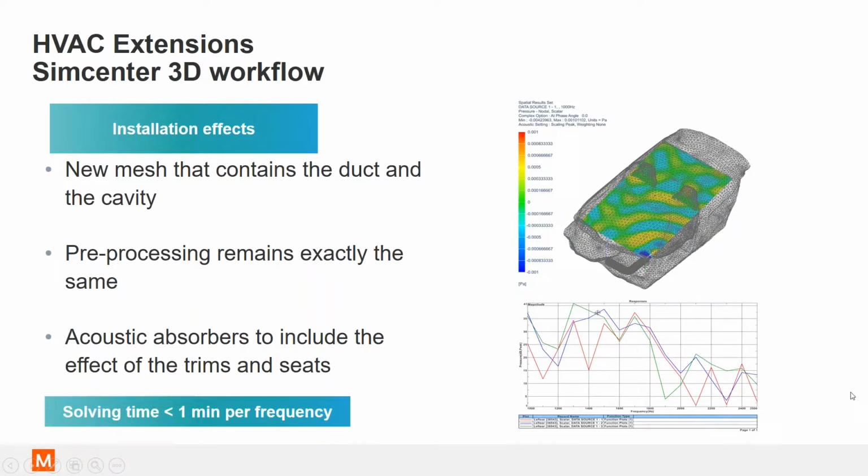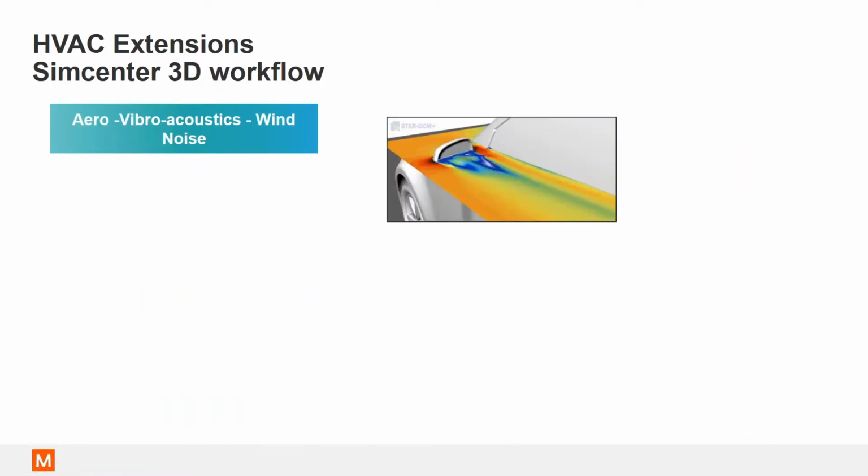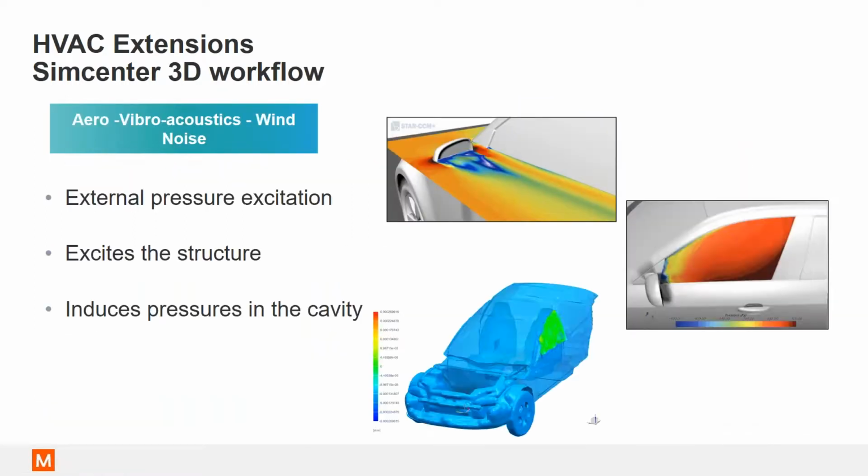So another example other than HVAC, you could also use it for noise generated by a windshield. So you have these pressure perturbations that are generated due to the side view mirror. Those side view mirror pressure perturbations cause some sort of pressure response onto the windshield.